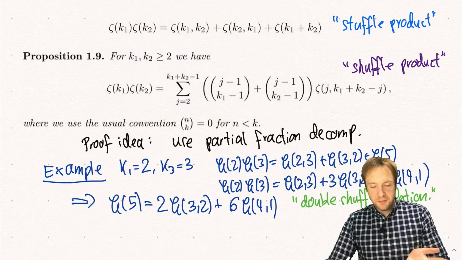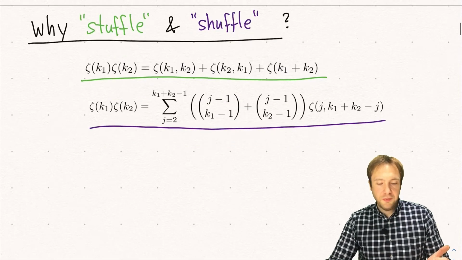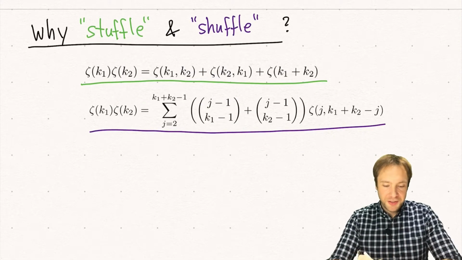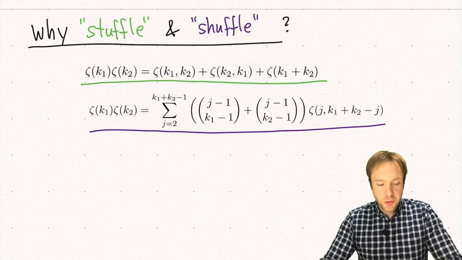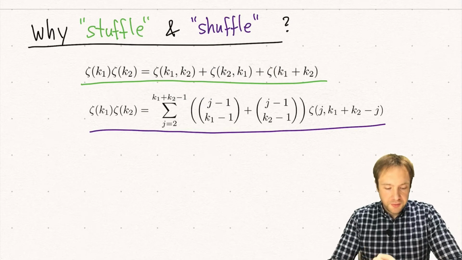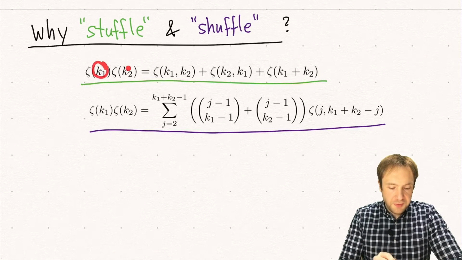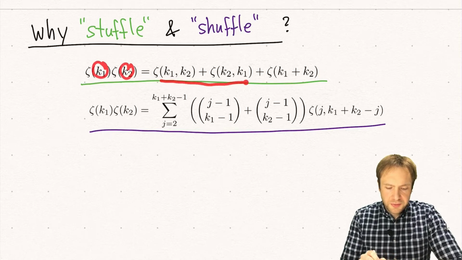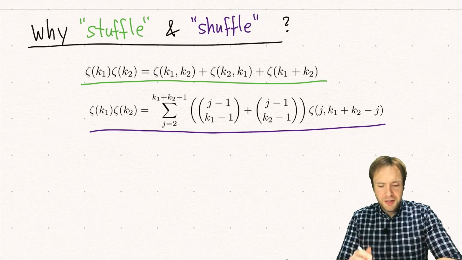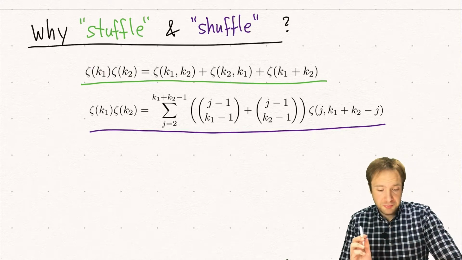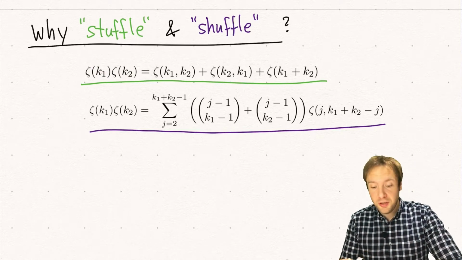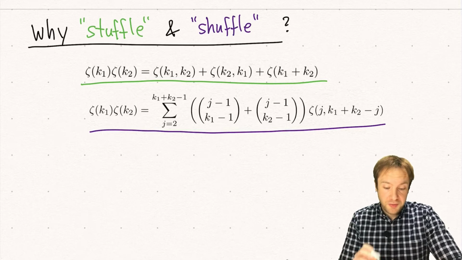Now you might ask, why stuffle and shuffle? These are quite strange words. So for the stuffle product, what you do is you take these indices and you first shuffle them, and now there are, as far as I know, two explanations for the word stuffle.